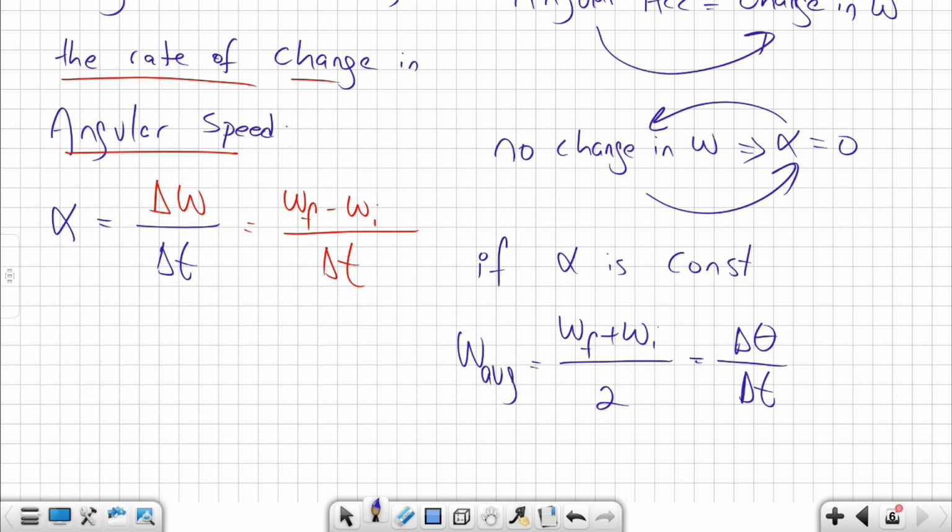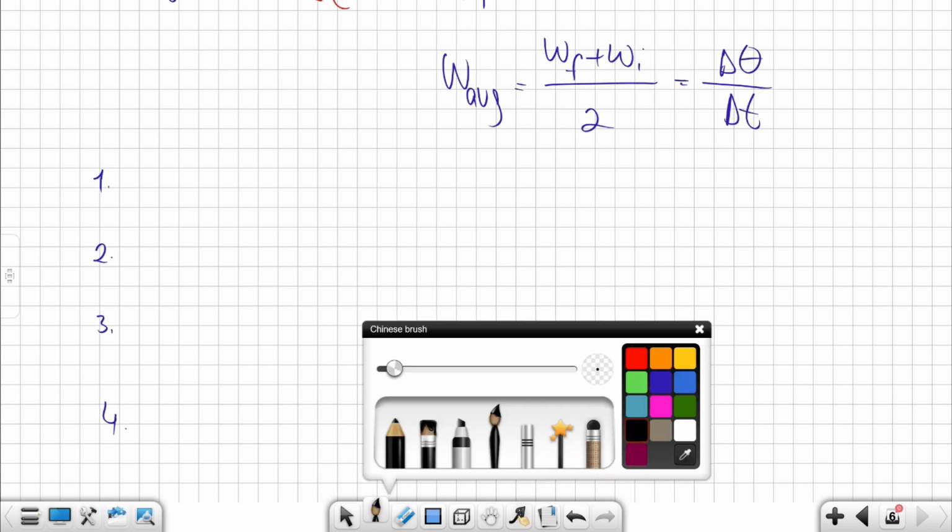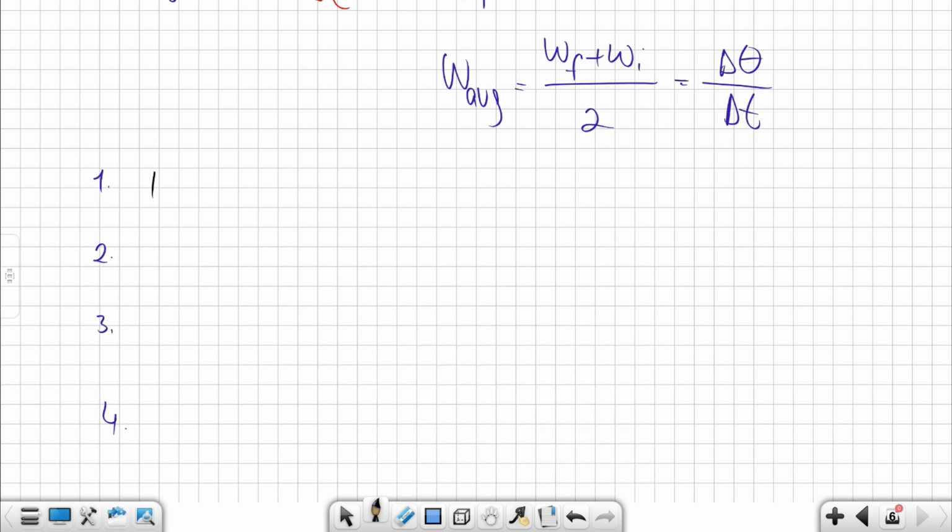What can you see here? You can clearly see the 4 kinematic equations. So I will rewrite the 4 kinematic equations again. I want you to pay attention to how I write all of them. First one was delta x, I will write delta theta. The second one was v final, I will write omega final. Third one was delta x, I will write delta theta.